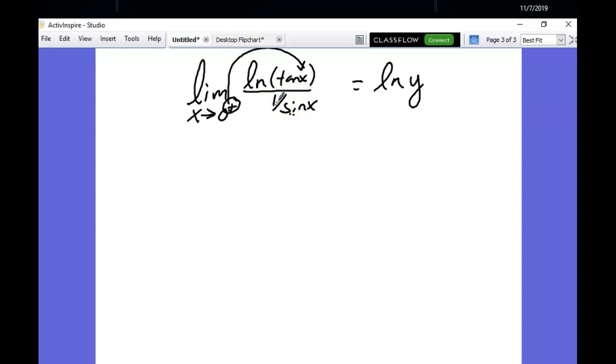It just depends on how comfortable you are with all of your trig identities and stuff like that. I think what I'm going to do is go ahead and rewrite it like this. I'm just going to make sure everything is in sine and cosine. I think things work a lot easier when you do that. So let's leave it like that for now. I am going to change this to sine x to the negative 1 power though.